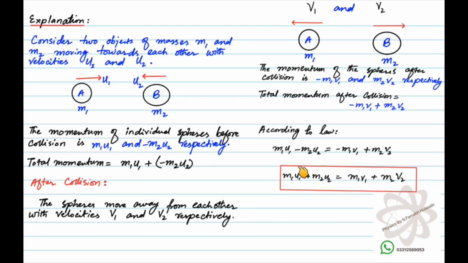Similarly, if the examiner says the objects stick together after collision, the right hand side will become m1 v plus m2 v if the two objects are different but stick together. And similarly, if the two objects are of equal masses and they stick together, it will become m v plus m v. We will discuss this when we solve questions in the next video.